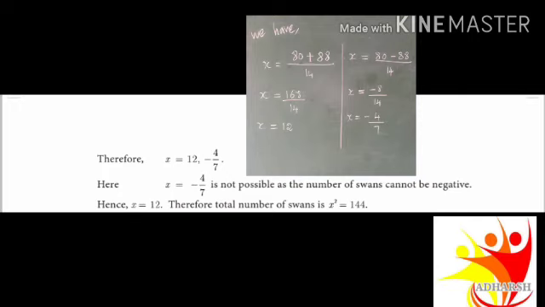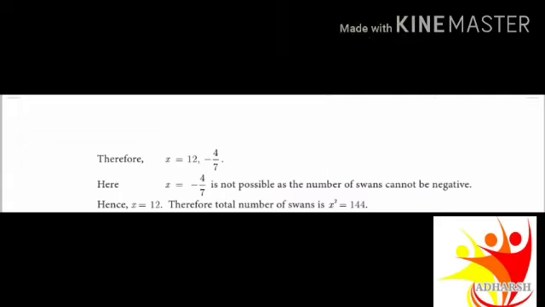Second one is 80 minus 88 divided by 14, that equal to minus 8 divided by 14. Cancel that, minus 4 by 7, that is a value of x. Therefore x equal to 12 comma minus 4 by 7.